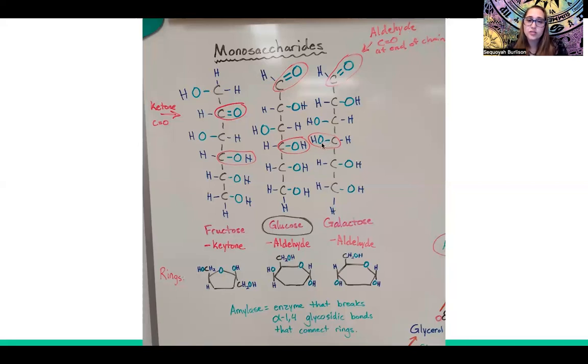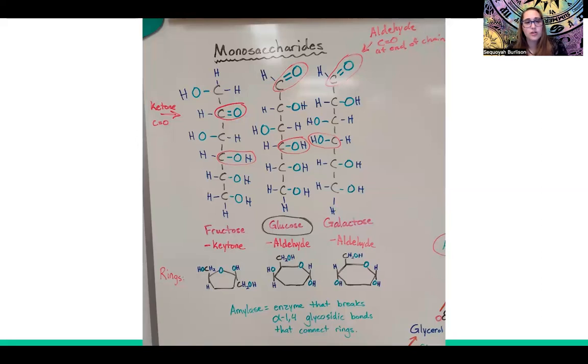So our hydroxyl group is on the opposite side. To represent these chains in their ring formation is down here, each one. These rings can bond and connect to make more chains of polysaccharides. The breakdown of the sugars is very dependent on the bonds. There can either be alpha bonds or beta bonds.